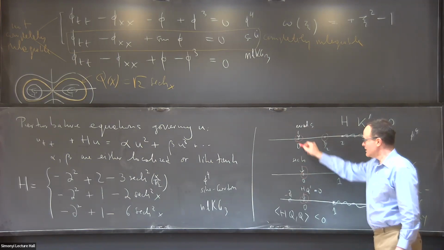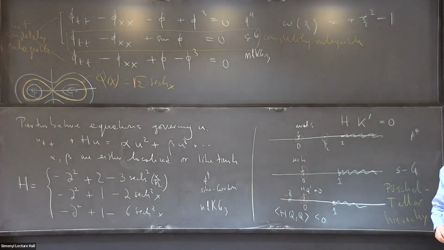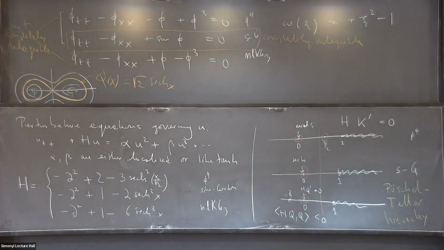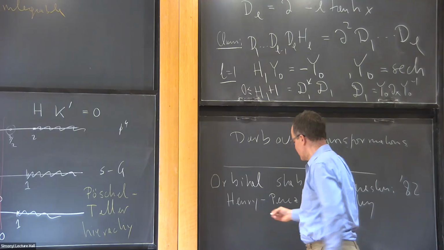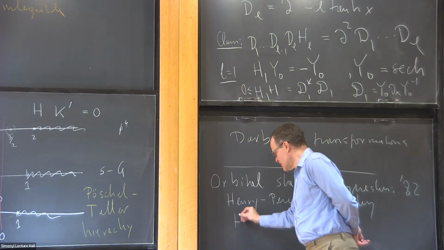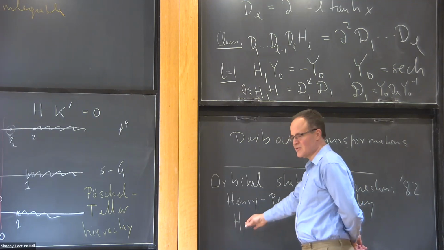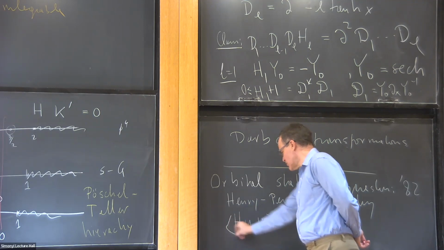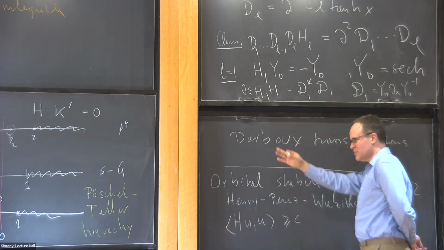remove the translational mode, the energy is coercive, right? So here is what they noted. Take the linearized operator, for lack of better notation, I'll call it H again. U controls the energy. Look at the pictures.